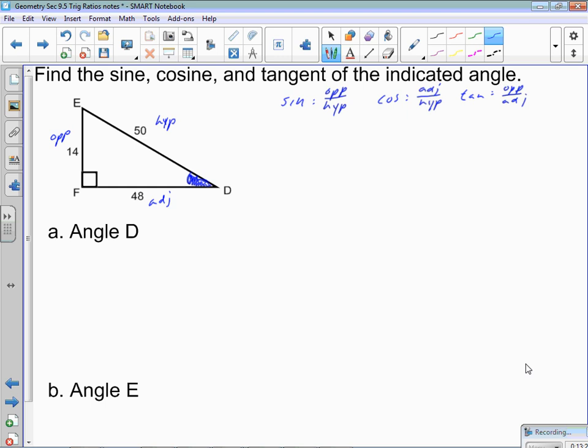So for angle D, the sine of D is going to be the opposite side over the hypotenuse, which is going to give us what?